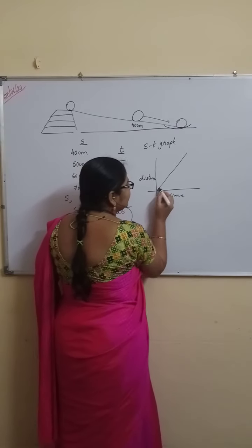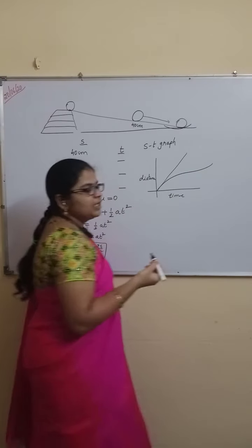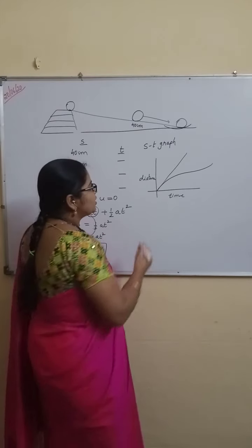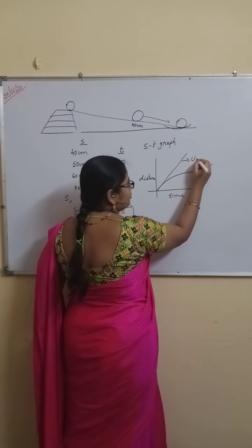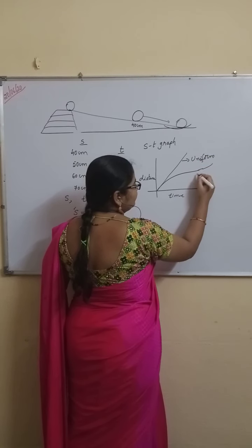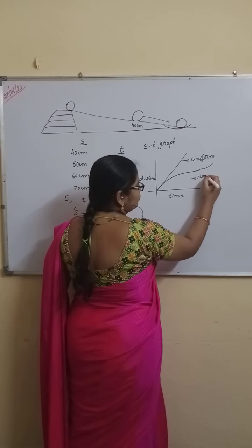Otherwise, if it is coming like this curve, then it is non-uniform motion. For an ST graph, a straight line represents uniform motion. This curve represents non-uniform motion.